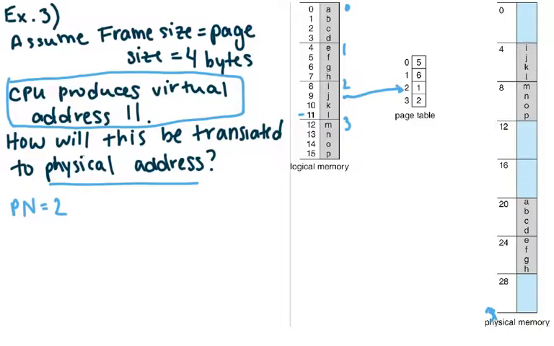Our frame number is 1, so we'll say frame number equals 1. And our offset is 0, 1, 2, 3, so offset equals 3.